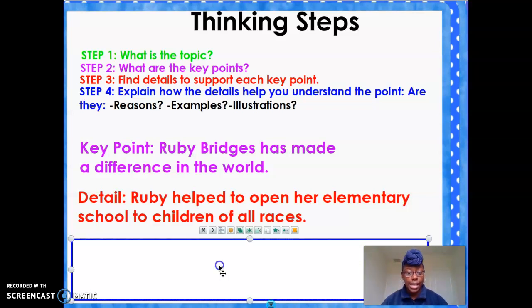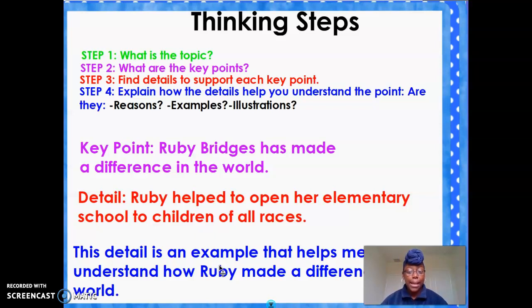This detail is an example because it helps me understand how Ruby Bridges made a difference in the world. So that is how we are able to see our topic, to see our key point, to see what details support the key point, and how those details can help us understand the point better.